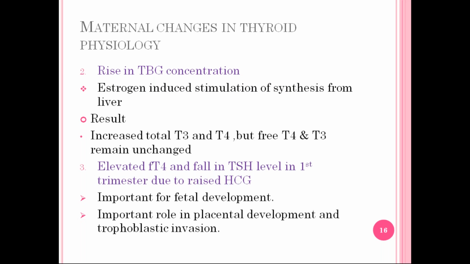In pregnancy there is a rise in TBG. Thyroid binding globulin is increased in pregnancy, which you have to know, because of estrogen induced stimulation of its synthesis from the liver. More estrogen in pregnancy means TBG is increased. When thyroid binding globulin is increased, what happens?